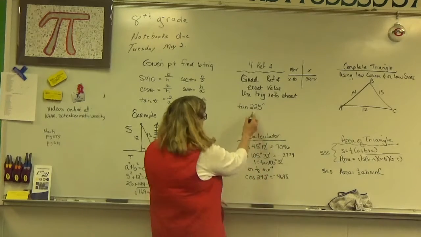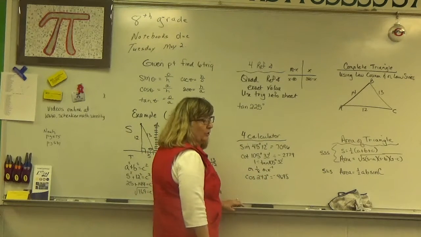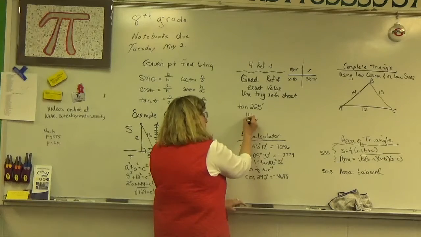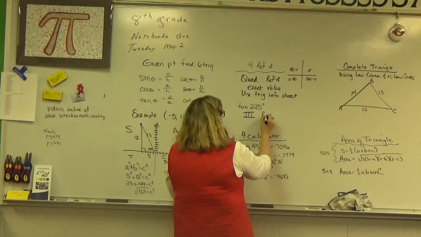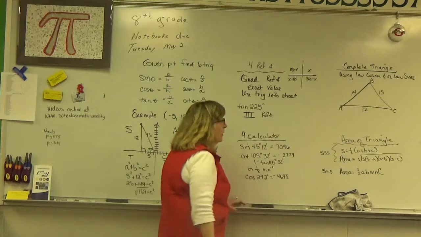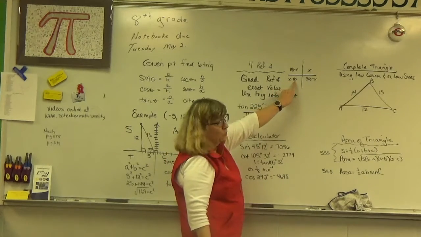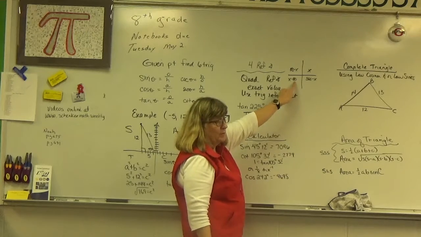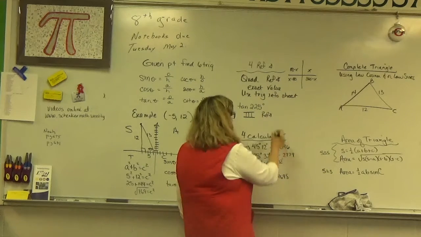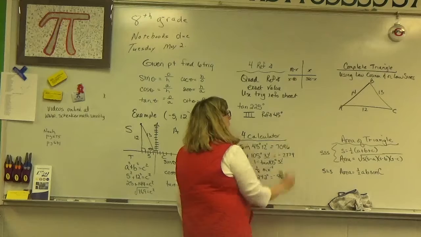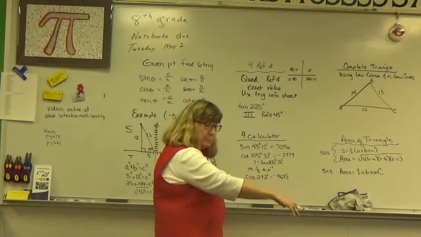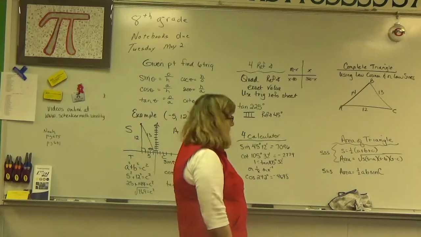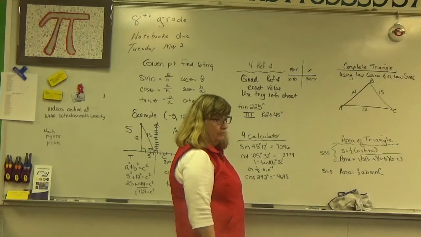So where am I located? Where's 225 located? What quadrant? Third. So that's the first thing you want to do, is tell me it's the third. To find the reference angle, you take it, subtract 180. So what's 225 minus 180? 45, so that's the reference angle. Now, what will be the exact trig function? You can turn to the flip side of your trig information sheet, and doesn't it have the chart on there for 45?